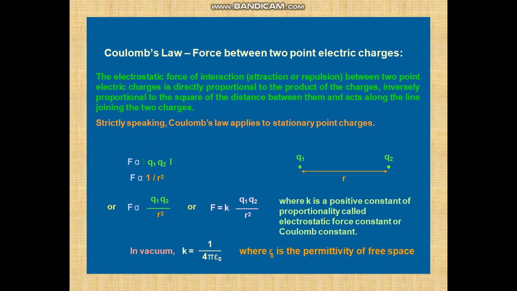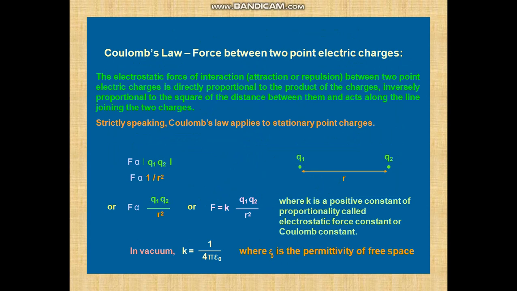In your 11th class, you all have studied Newton's gravitation law. In that law, Newton has taken 2-point masses, and basically Coulomb's law is the electrical analog of Newton's gravitational law.